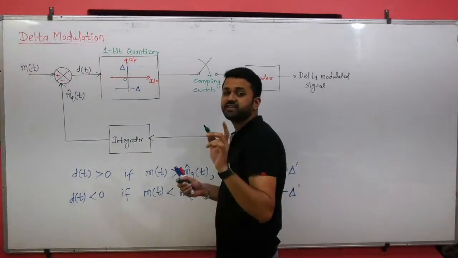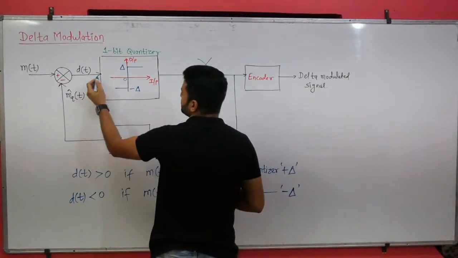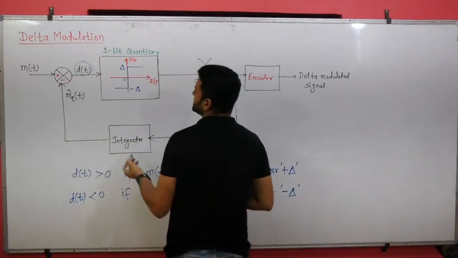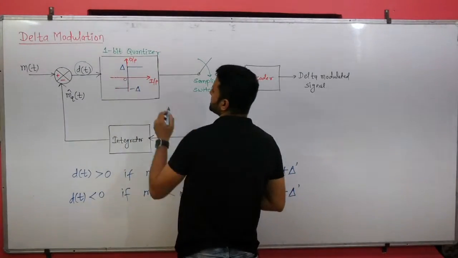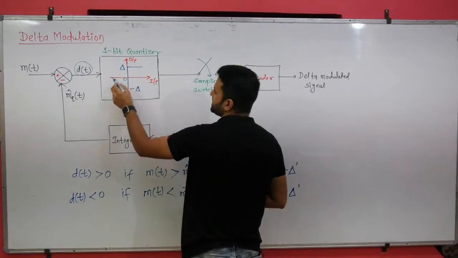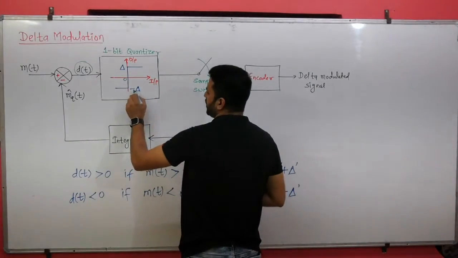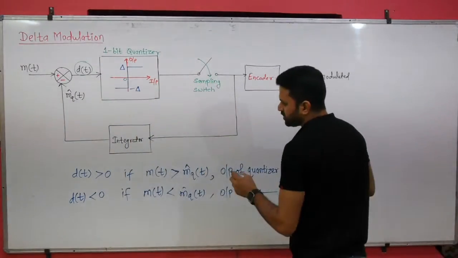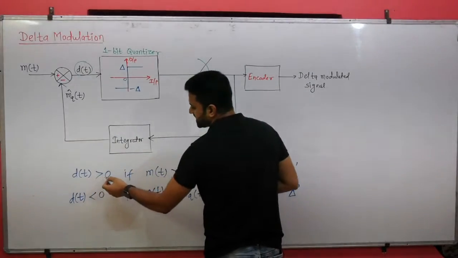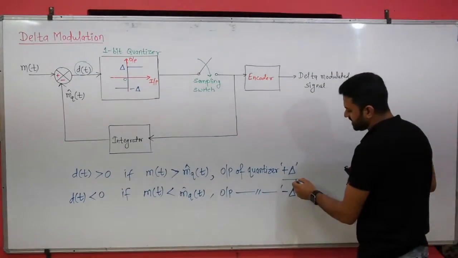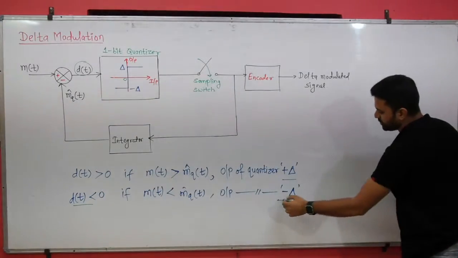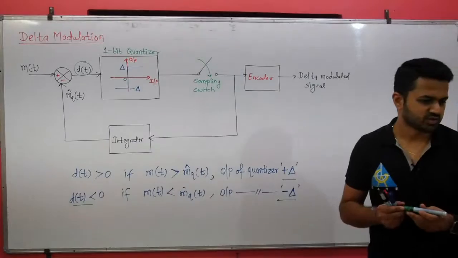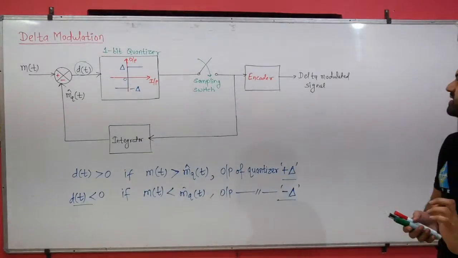The input to the quantizer here is the difference. So if the difference is positive, the output is plus delta, and when the difference dt is negative, the output is minus delta. So when the input difference is less than 0, the output is minus delta.